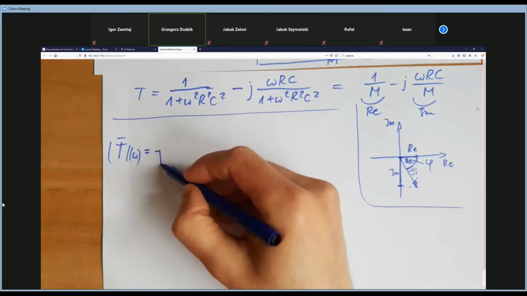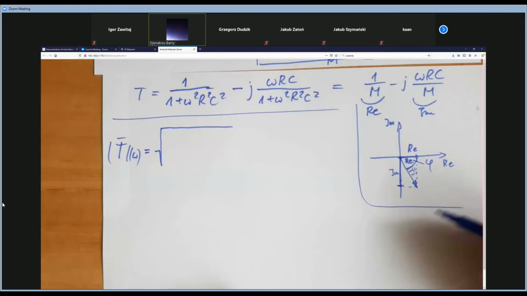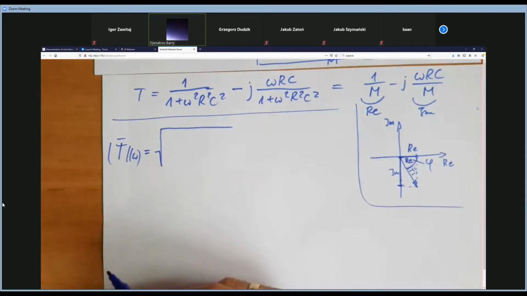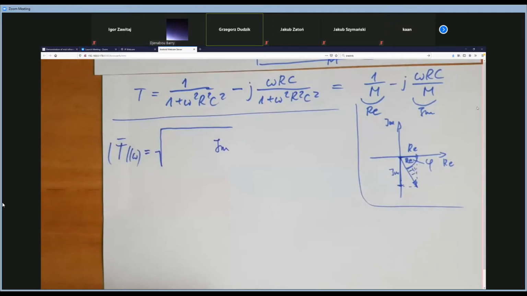Square root of what? According to the Pythagoras equation, it will be equal to how many? IM? Is it IM? M plus square and R square.